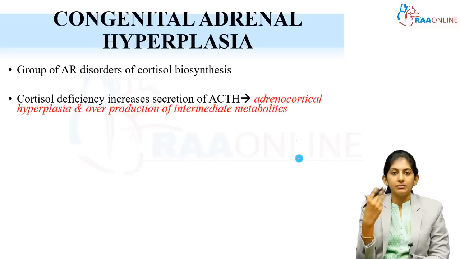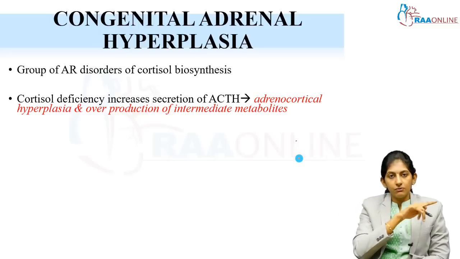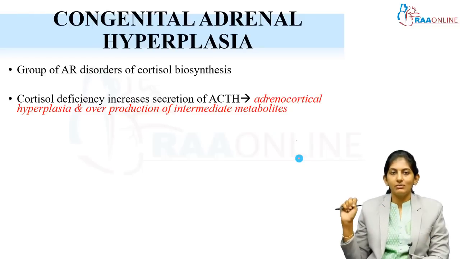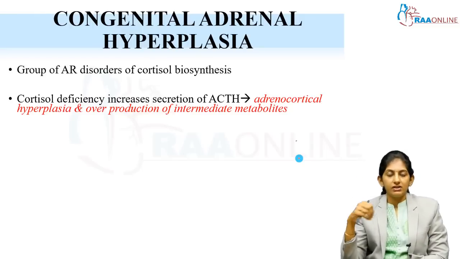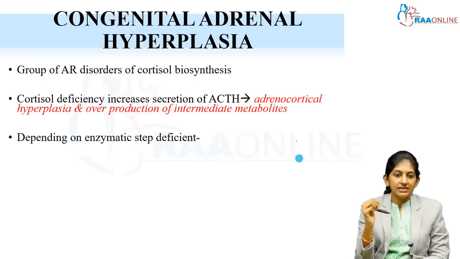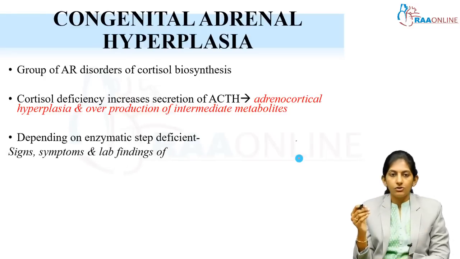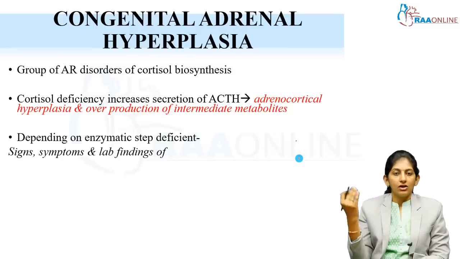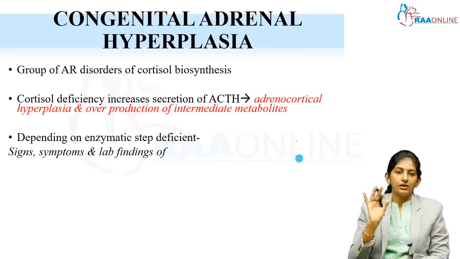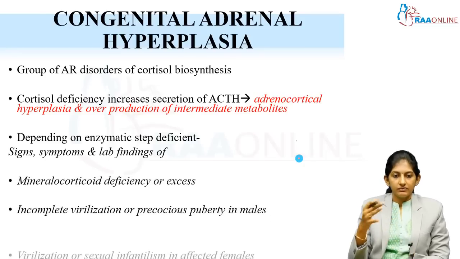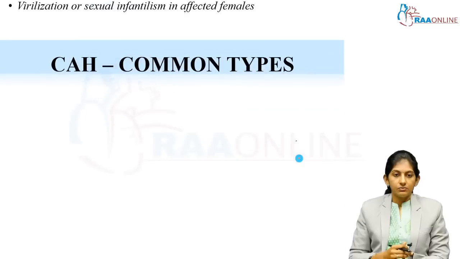That is responsible for the adrenal hyperplasia, and because of the end product deficiency, if the first pathway is defective, there is no mineralocorticoid, no cortisol, meaning intermediary metabolites will be elevated. So depending on the enzymatic step which is deficient, either we can get only the mineralocorticoid and glucocorticoid, or the hyperplasia of sex steroid hormones. So the morphology will differ. We will discuss this in detail. We'll just move on.